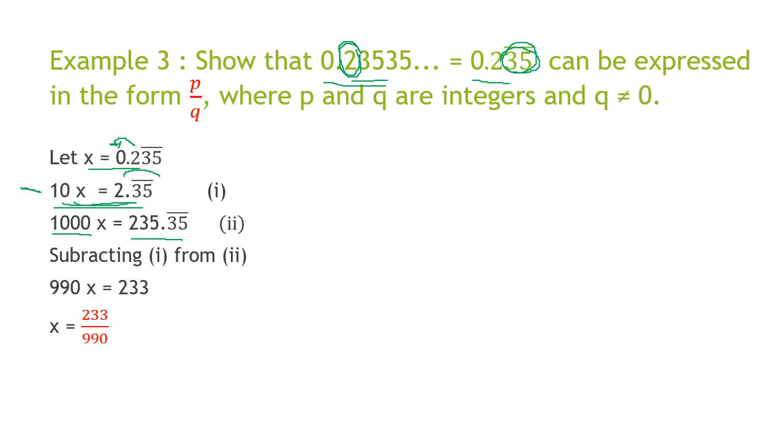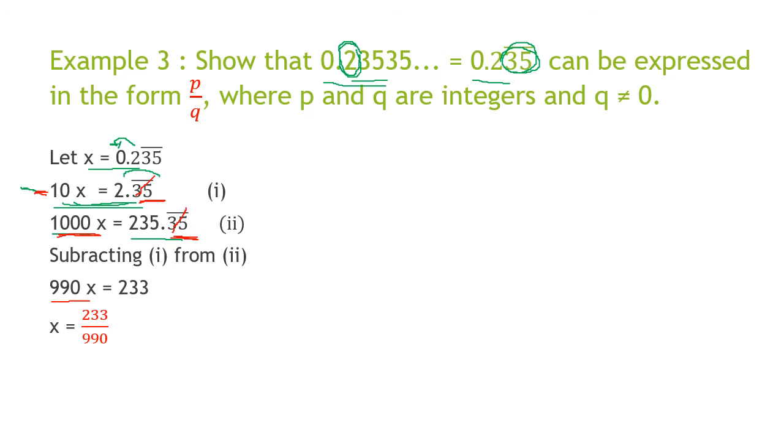Now what do you notice in this board? After the decimal point, the 35 keep repeating, right? Even in 10x, even in 1000x, this 0.3535 after decimal point keep repeating. So we can just cut it off after the decimal point when we subtract. So 1000x, what is 1000 minus 10? 1000 minus 10 is 990x.